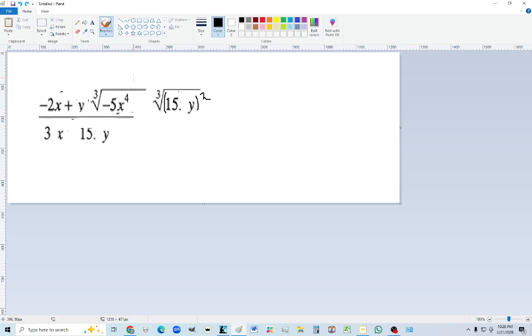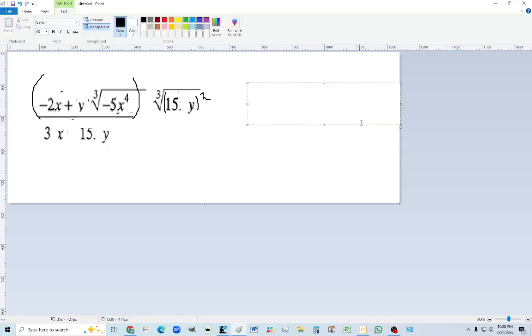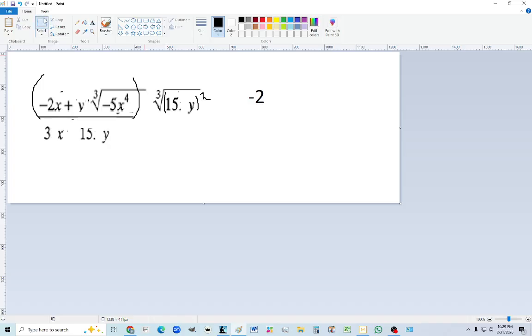Up here, we have to do a distributive property. So you get -2 up top. You get -2 times the cube root of 15 squared and y squared. Or if you want, we'll just do it like this.